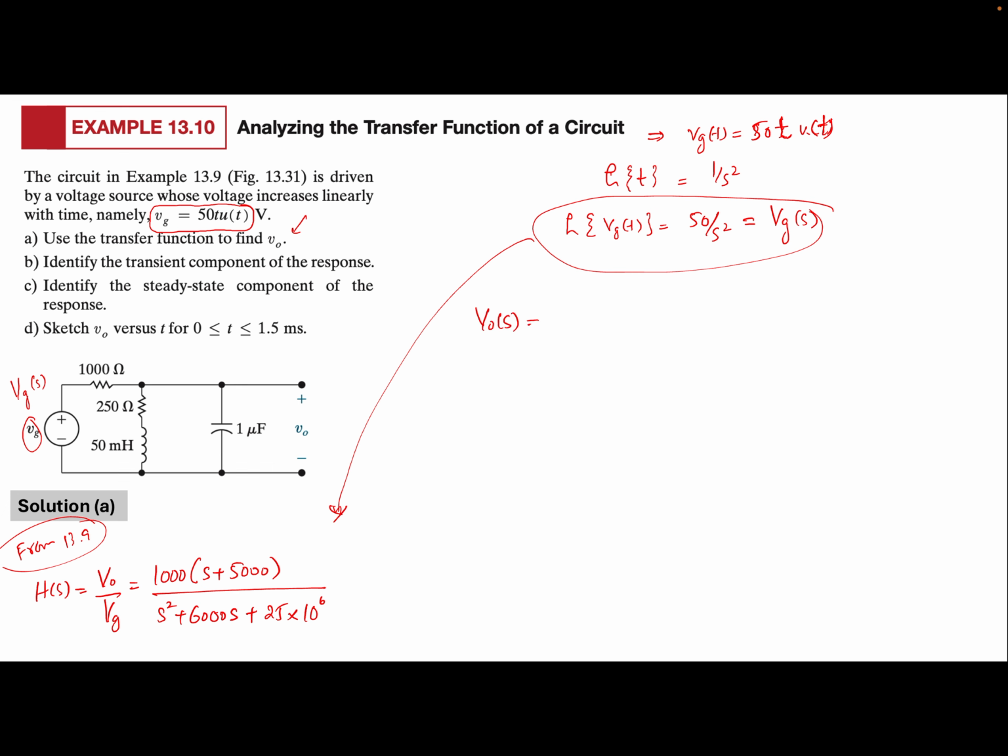So V naught of s equals 1000 s plus 5000 divided by s squared plus 6000 s plus 25 times 10 to the 6, times VG of s. This VG will go on the other side, and VG is 50 over s squared. Okay, perfect, great. So now you expand by partial fractions.